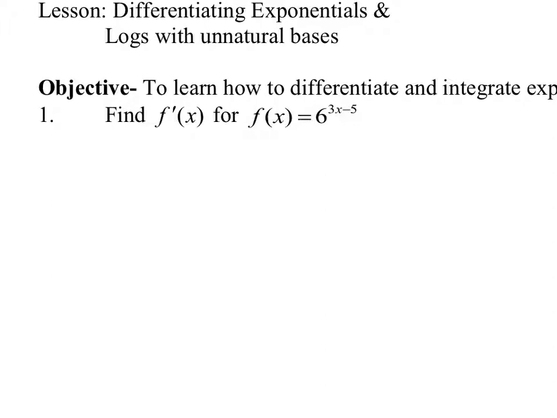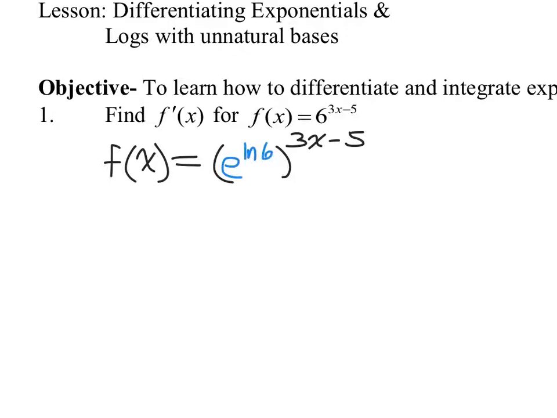So f of x is the same, but instead of 6, write it as e to the ln of 6. You could use the shortcut rule for this, but I don't think that really does much in the way of delivering understanding.